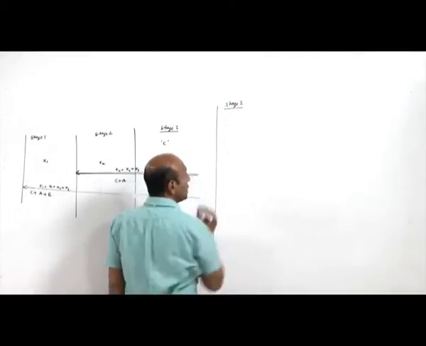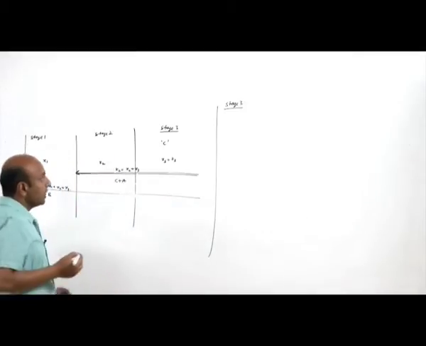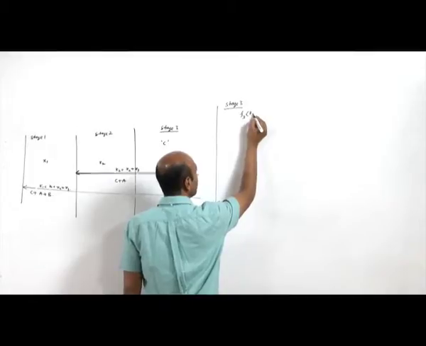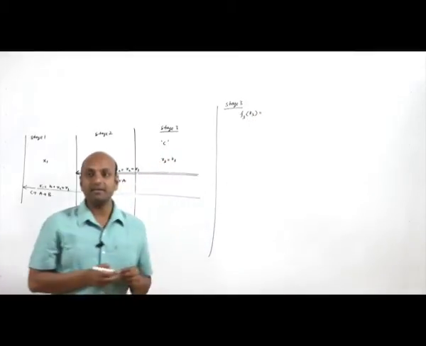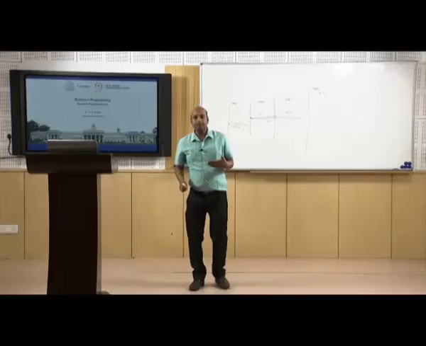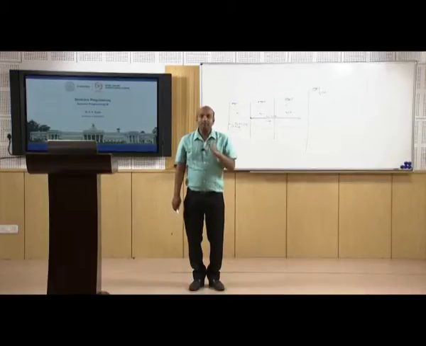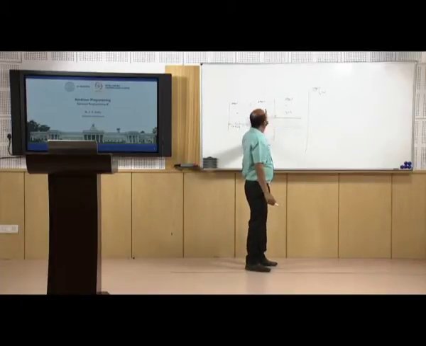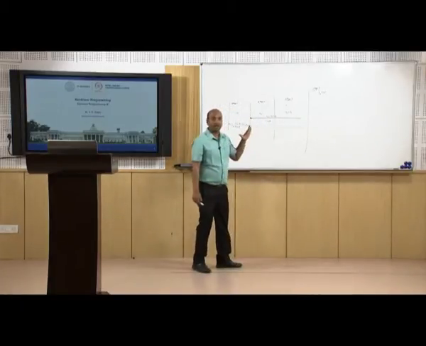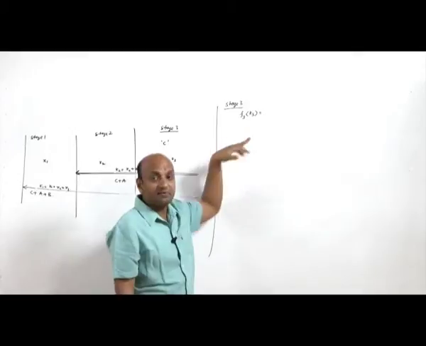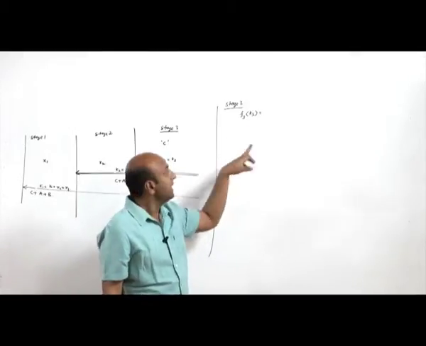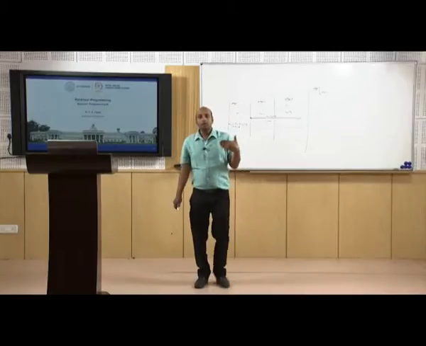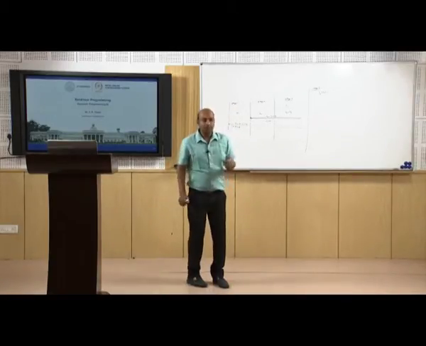Now for stage 3, F3 K3 means Fj Kj, the return from the stage. Whatever maximum we get from stage 3, stage 1, stage 2, that will be Fj Kj. F3 K3 means the return obtained from stage 3.